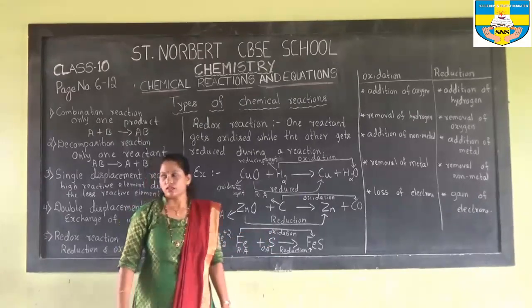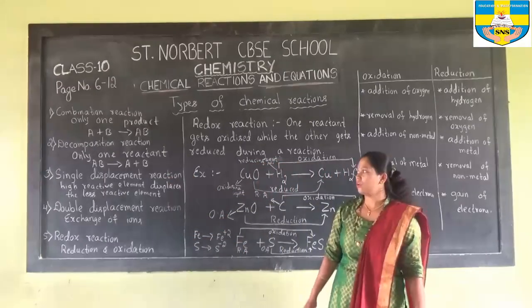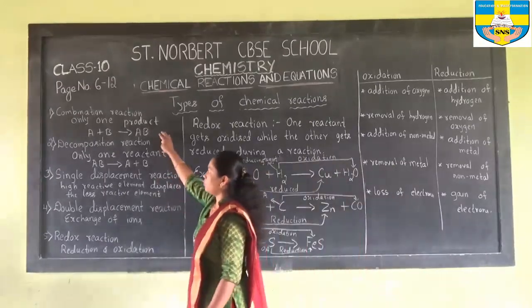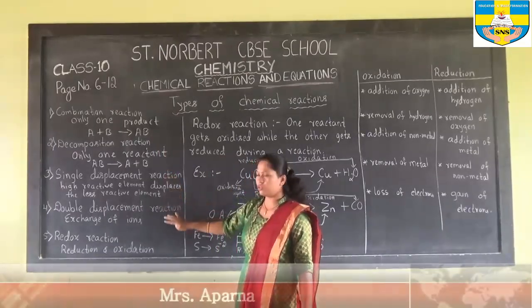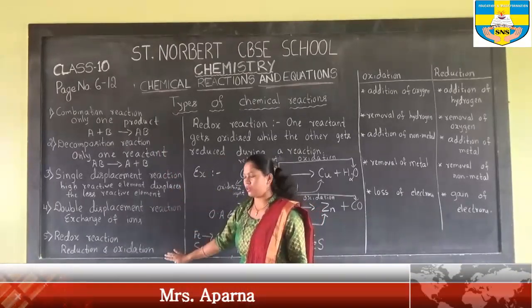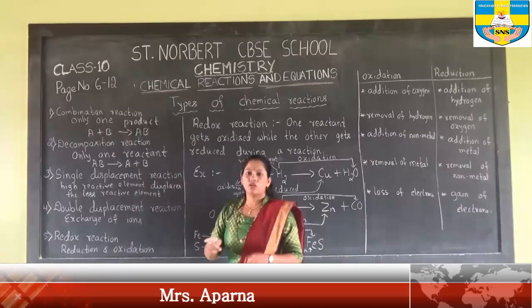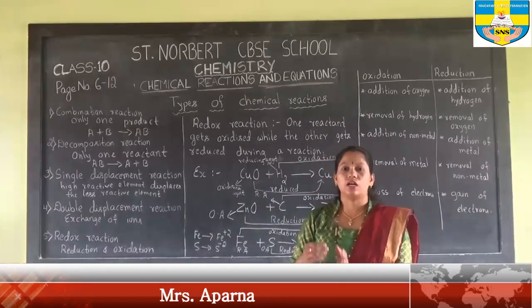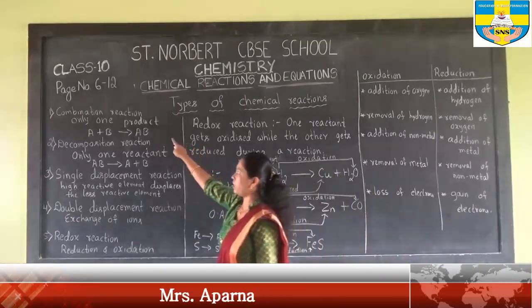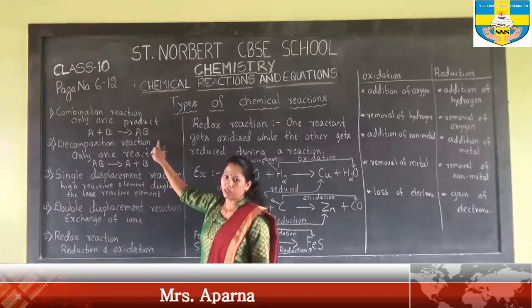So totally there are 5 main types of chemical reactions. What are the 5 types? Combination, decomposition, single displacement, double displacement and redox reaction. In the combination, a number of reactants produce only a single product. So A plus B gives AB.